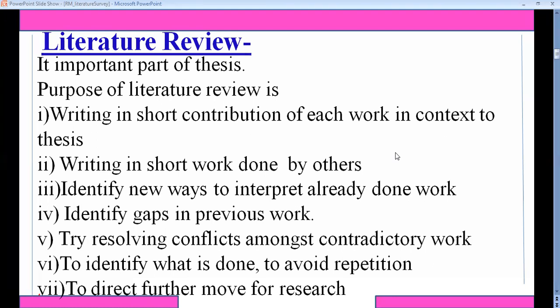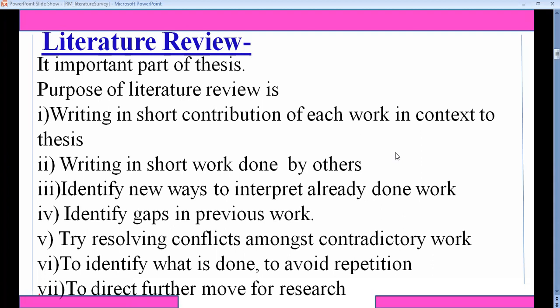What I generally see in the literature survey is whether the student has included recent work or not.